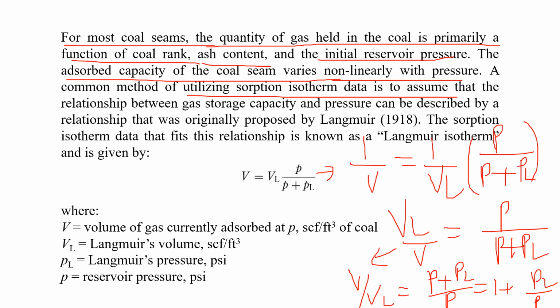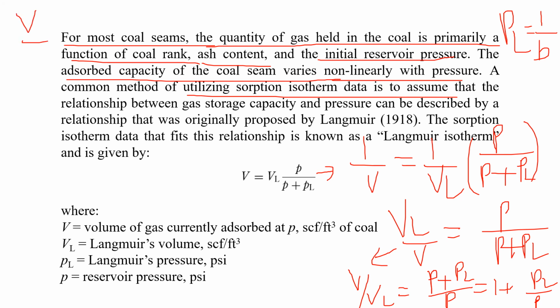So VL is the volume of the adsorbed gas at infinite pressure and PL is the Langmuir pressure at which exactly half of the adsorbed gas is produced or desorbed from the coal seam. So our definition is important. PL can also be written as 1 by B from Langmuir's observation. B is the Langmuir constant.